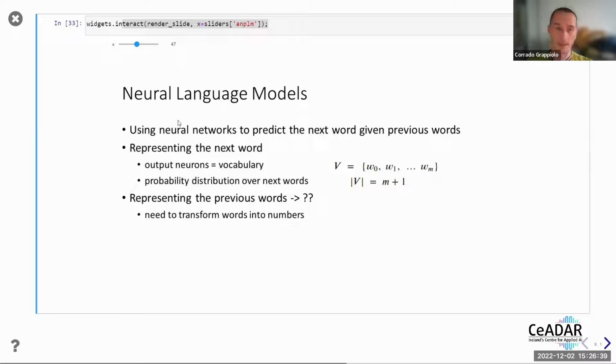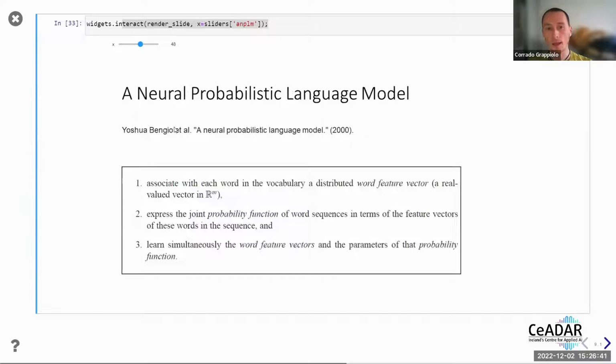So how do we do that with neural networks? What Bengio came up with is an approach. This is the paper that defined this, a neural probabilistic language model, which to me is a brilliant paper. And I guess I haven't found a paper written by Bengio that is not brilliant.